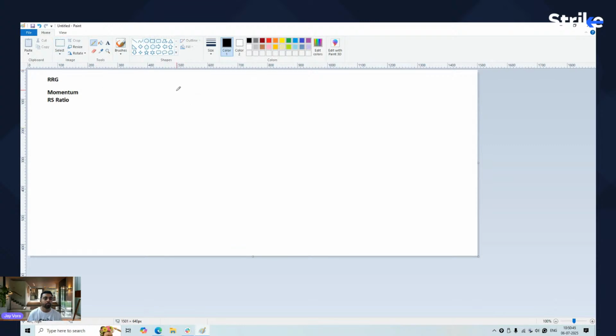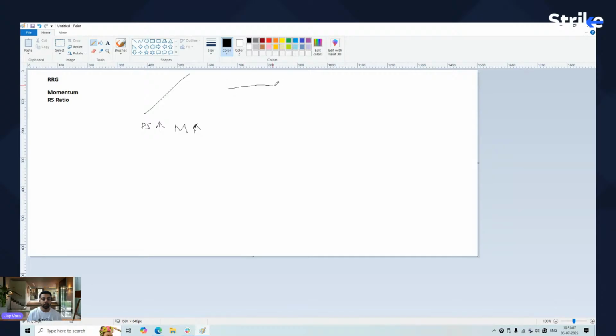Okay, so now there are two types. Sorry, there are four types of move that you will see. So one is like this. This means that the RS is going up, momentum is also going up, right?